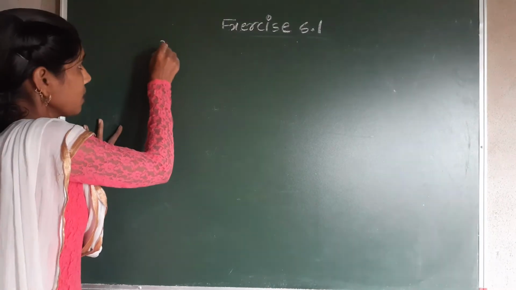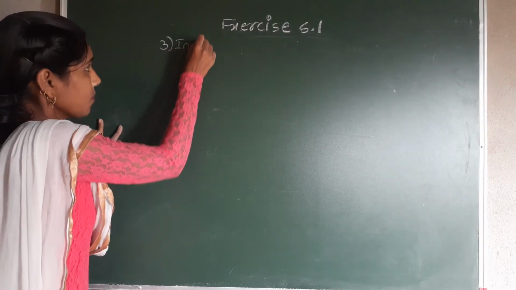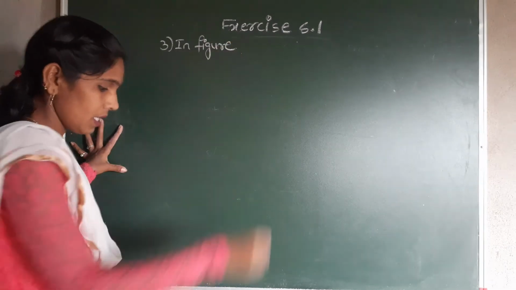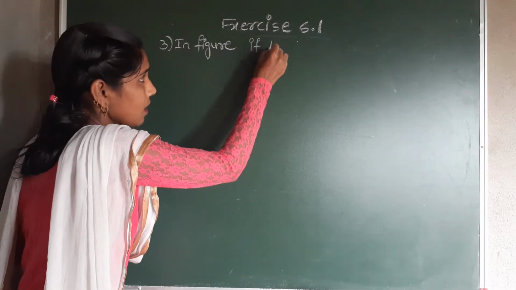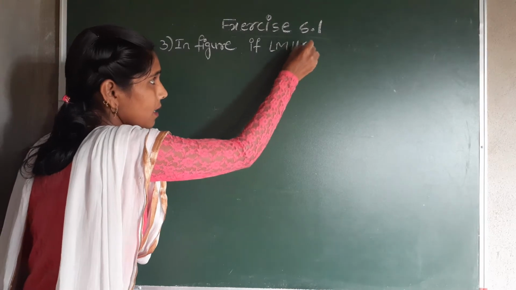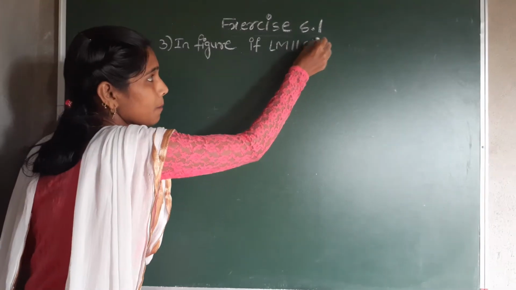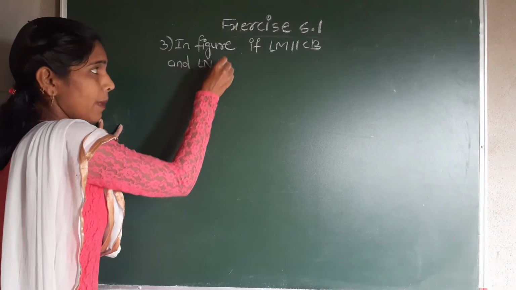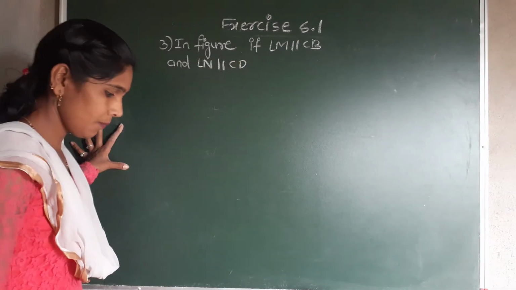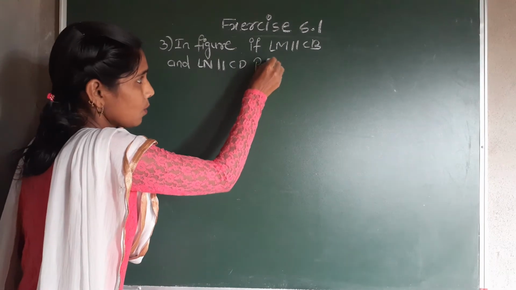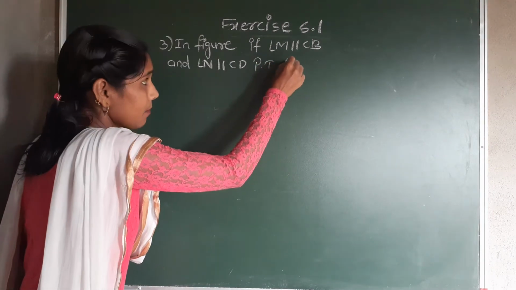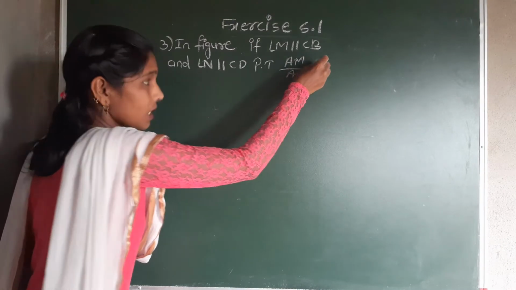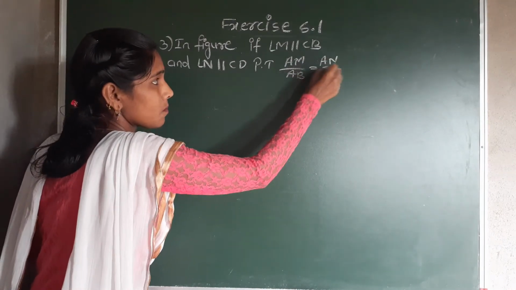Third question, in figure, if LM is parallel to CB and LN is parallel to CD, prove that AM divided by AB is equal to AN divided by AD.